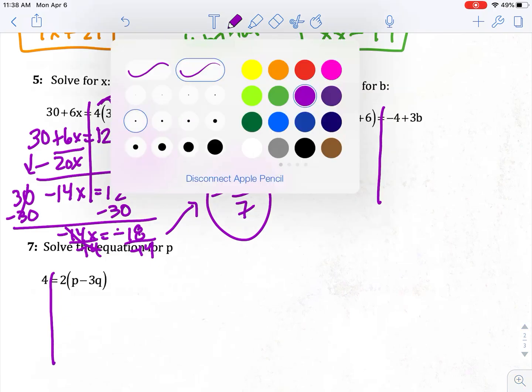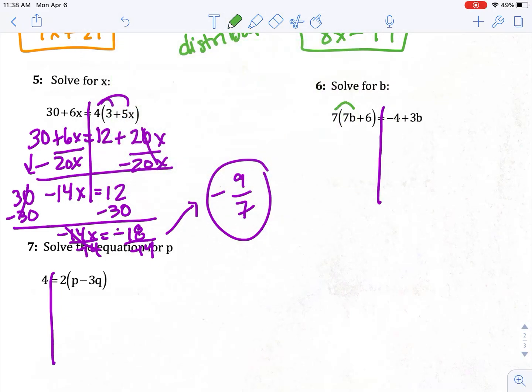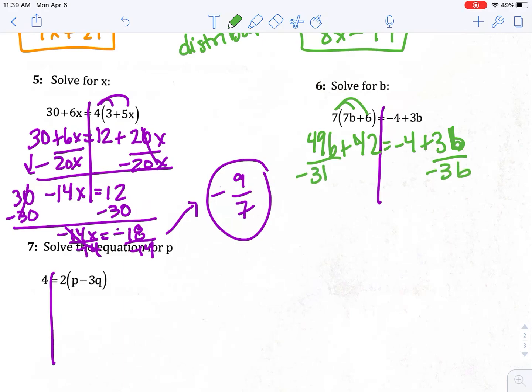Okay, let's try the next one. I'm going to distribute, 49b plus 42, minus 4. Again, if I have variables on different sides, I have to move all the variables to the same side.